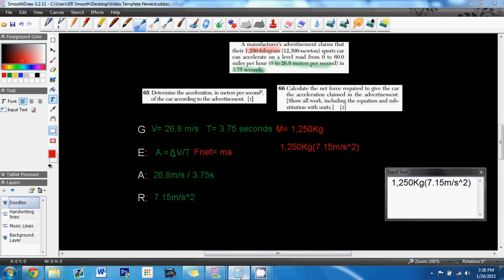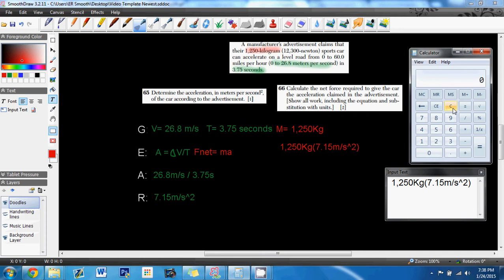When you plug that in the calculator, 1,250 times, let's square the 7.15 first. 7.15 times 7.15 equals 51.